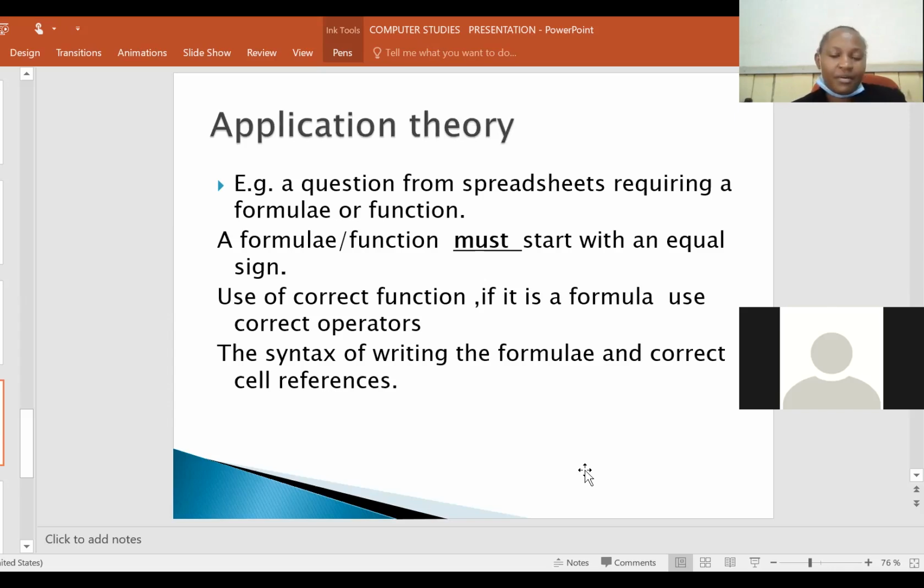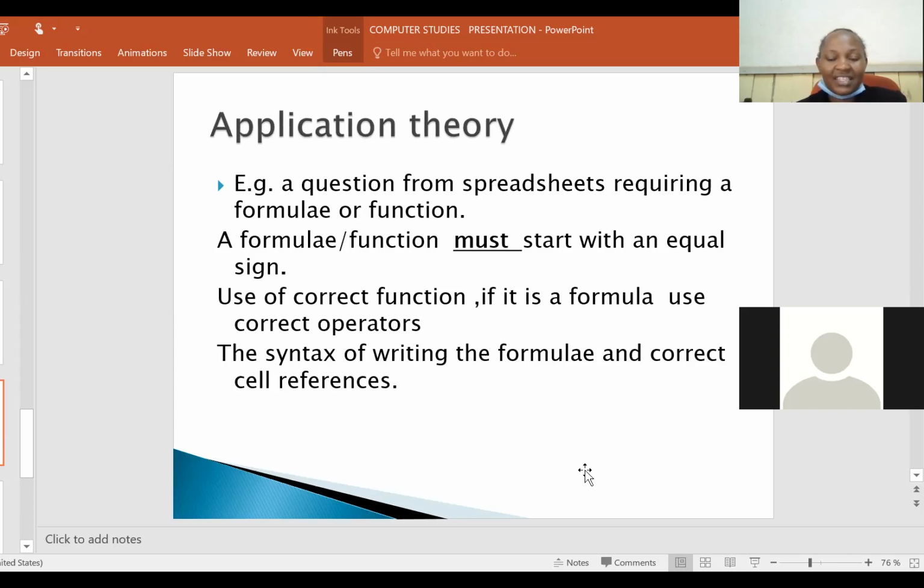One, a formula or a function must start, the word must is underlined, must start with an equal sign. Any formula or function written without an equal sign doesn't qualify to be a right function or a formula.